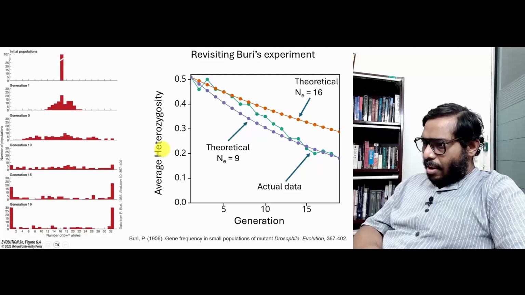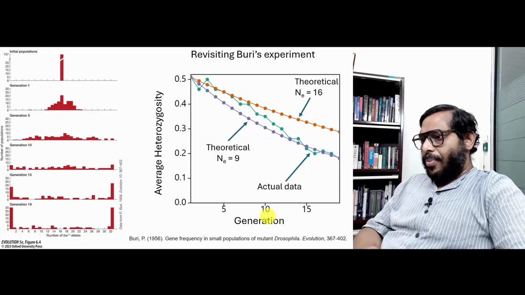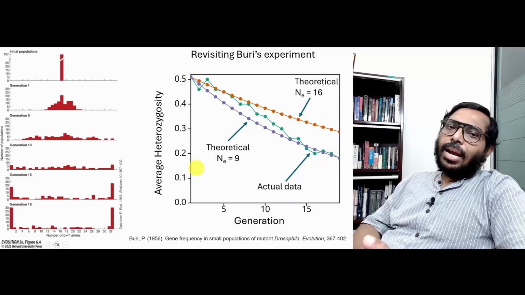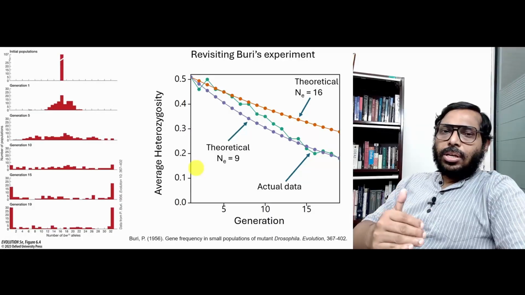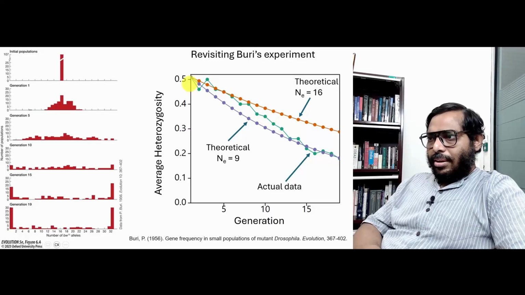Here is the graph. On the x axis we have generation, 0 to 19, and on the y axis we have the average heterozygosity. That is, across 107 populations, what is the average heterozygosity, and that data is plotted as the middle curve in green, the one that is bouncing around.